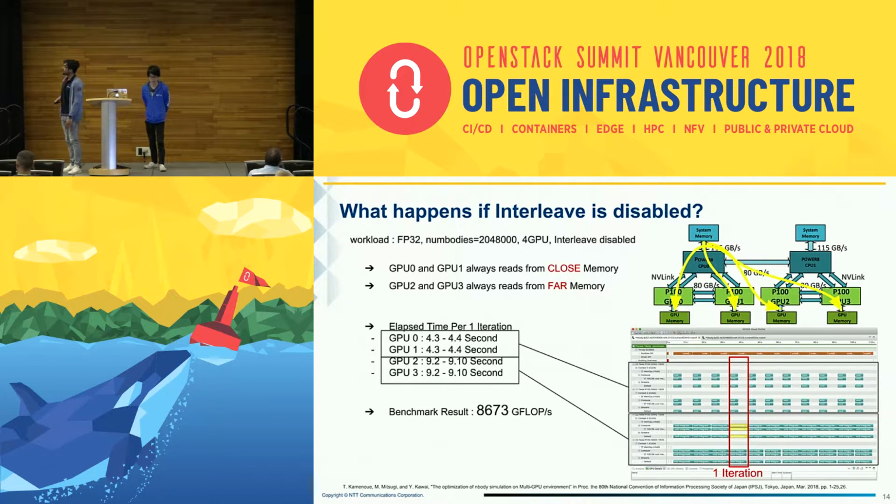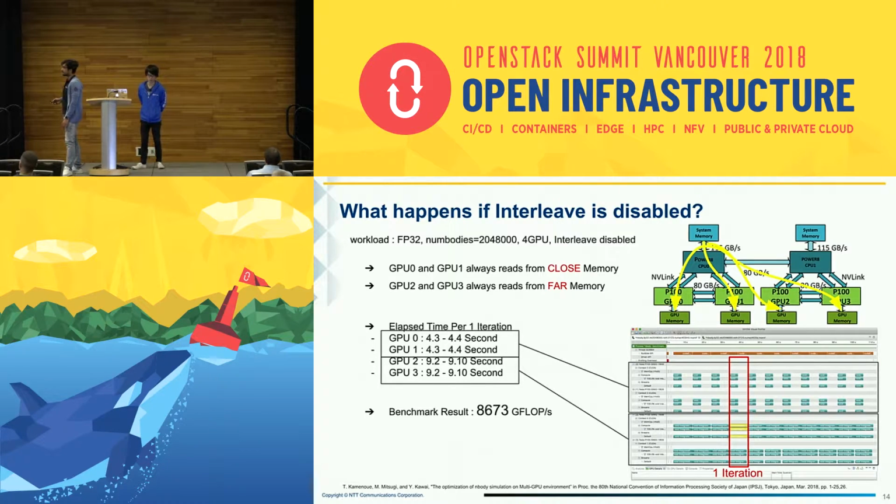This is the case when memory interleave is disabled, and this is the default case. These are the 4 GPUs, GPU0, GPU1, GPU2, and GPU3, which are connected to the CPU via NVLink. In this case, GPU0 and GPU1 always read data from the close memory, and GPU2 and GPU3 read data from the far memory.